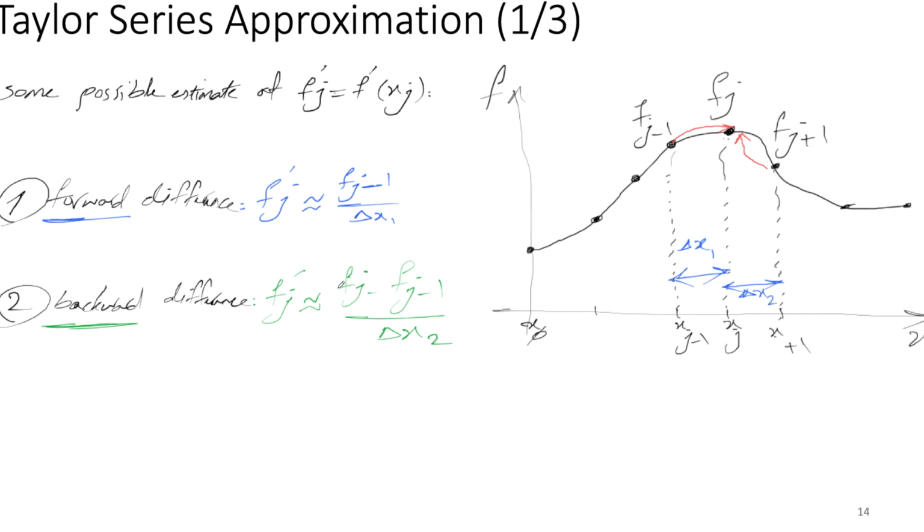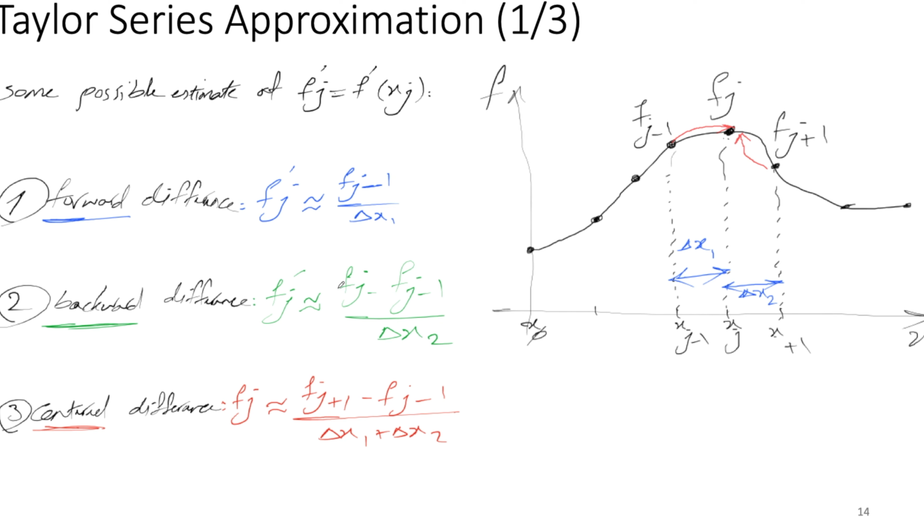And a third way, depending on the situation you were in on your graph, is centered difference. In centered difference, the distance would be here. That's why you have x1 plus x2. Or if these two were equal, it would be double delta x, right?